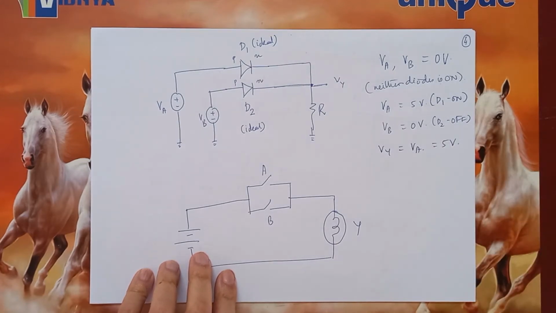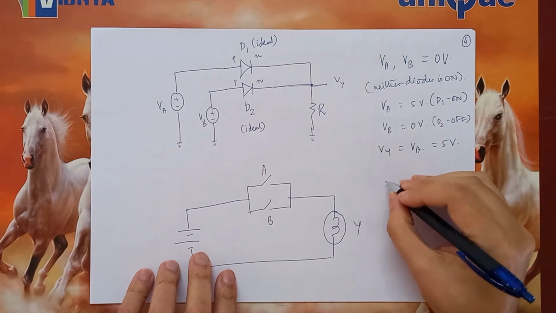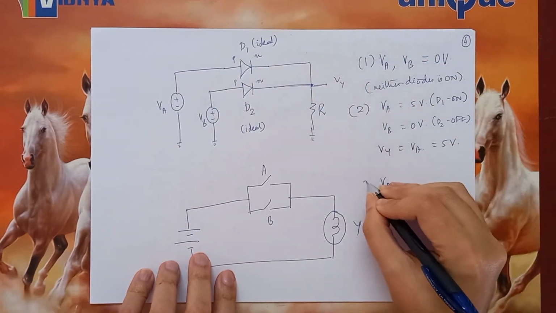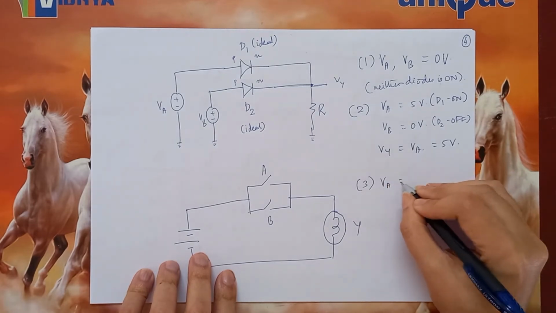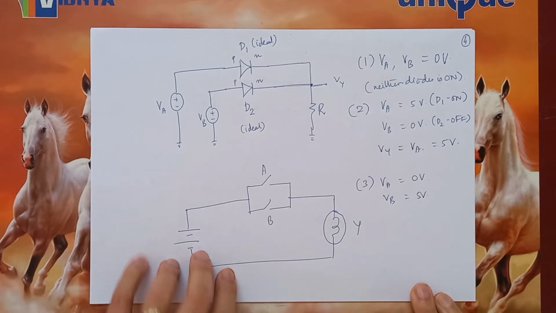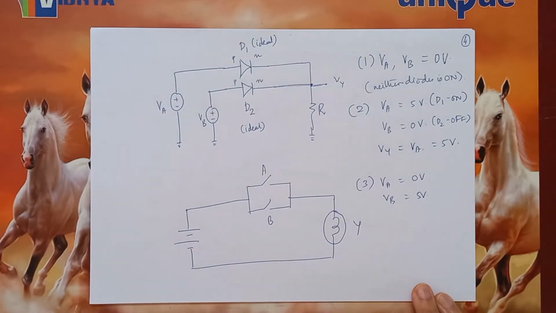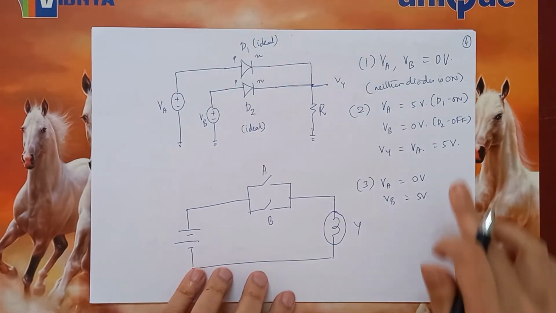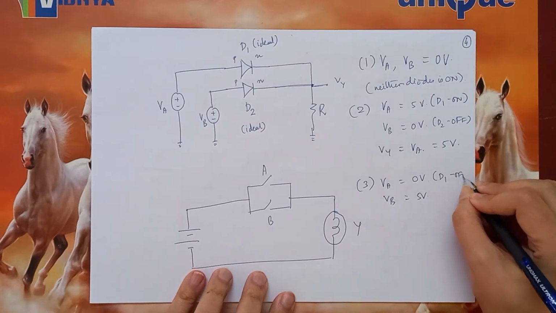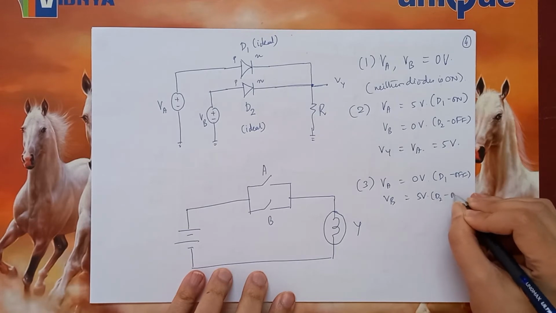So far so good. Now what will happen in the reverse case? Suppose we have, let's say this is case 1, this is case 2, so this is case 3. VA is equal to 0 volts and VB equals 5 volts. Now, both VA and VB arms are symmetric. So in this case, D1 will be off and D2 will be on.